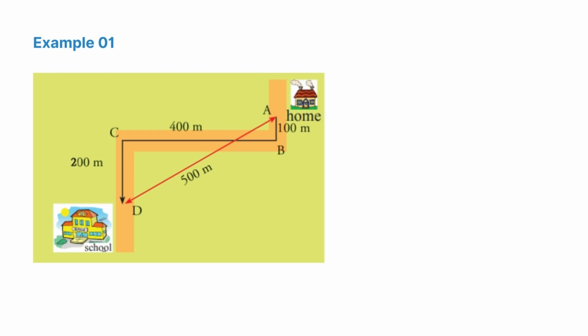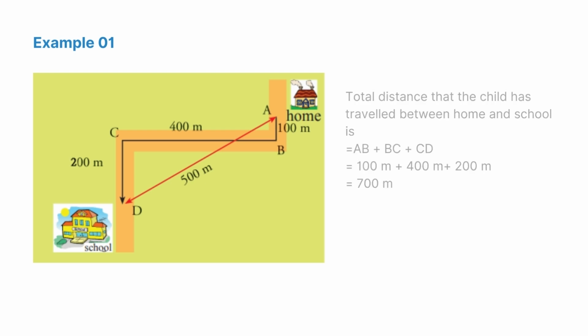The child starts from home, that is point A. She travels towards B, 100 meters, B to C is 400 meters, and finally C to D is 200 meters. So the distance traveled is 100 meters plus 400 meters plus 200 meters. If we add them together you will get a value of 700 meters, so that is the distance traveled by the child from home to school.